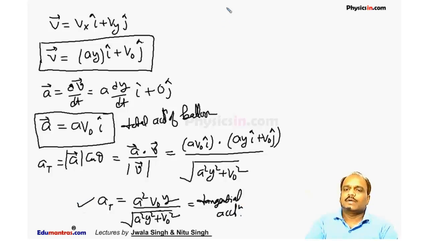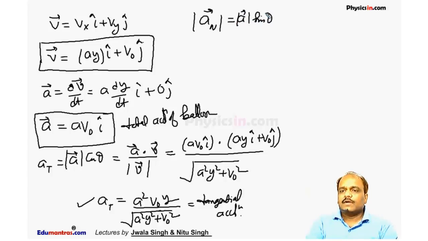Now for normal acceleration, the magnitude of normal acceleration is a into sine theta, and we know this can be written as mod of a cross v divided by mod v. So magnitude of this will give me the normal acceleration. So normal acceleration is a cross v.